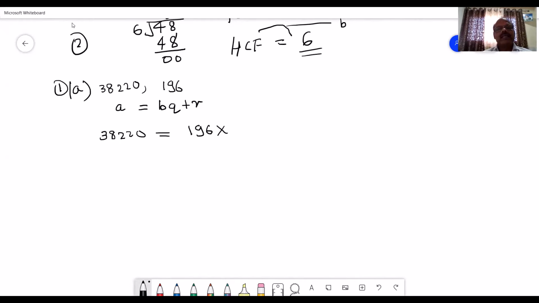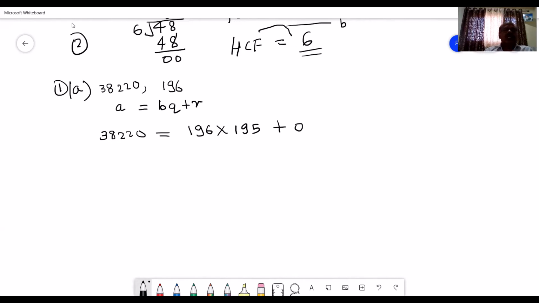That is 195 times it will go, and after that process we will get 0 as the remainder. See here, A is equal to BQ plus R is coming as 38,220 is equal to 196 into 195, and the remainder is 0.